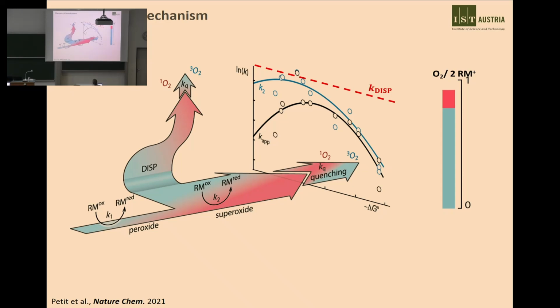The lower the voltage, the better the quencher, because you need partial electron transfer for the quenching mechanism. It's a combination of all those processes that determines the relative yields of the oxygen we get.